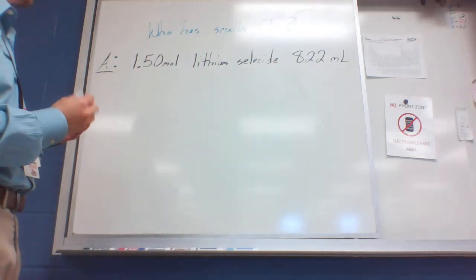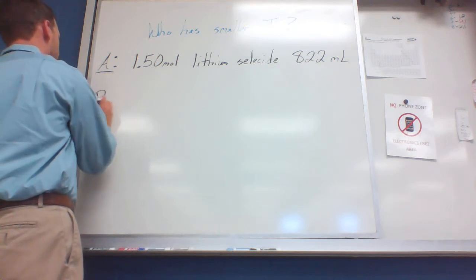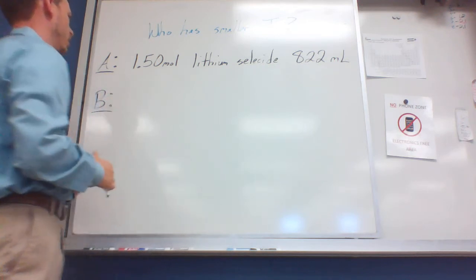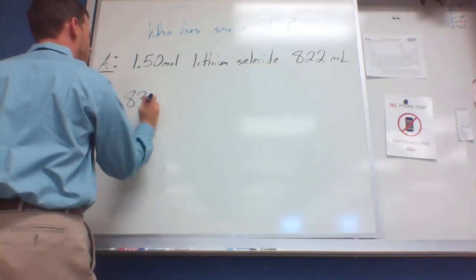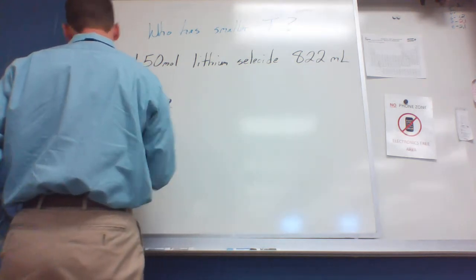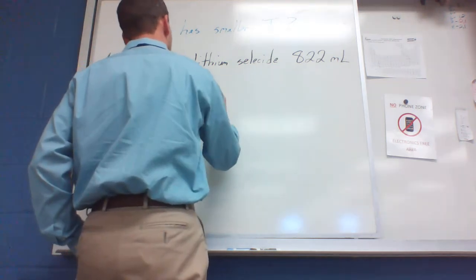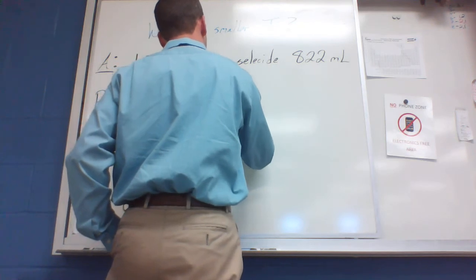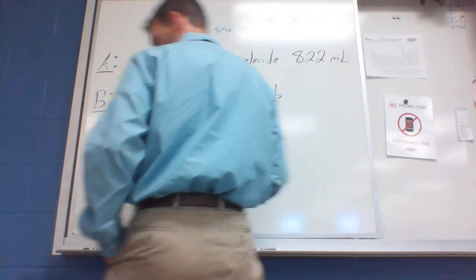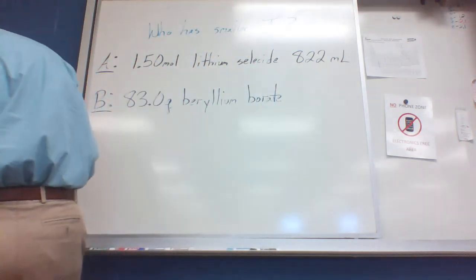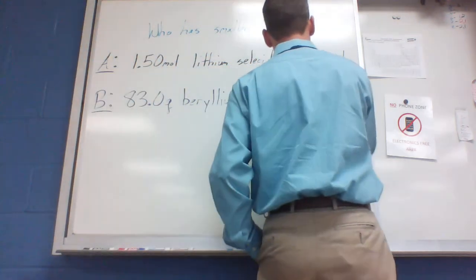That's one of our choices. And then we have sample B, who I'm going to say is 83 grams of beryllium borate, and he's going to be in 0.35 liters.